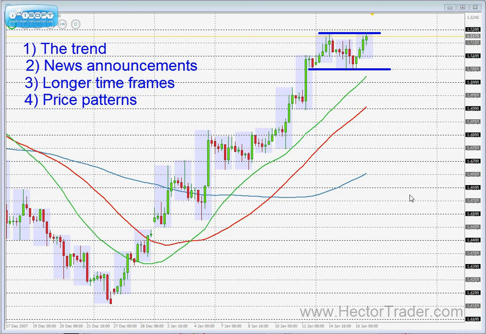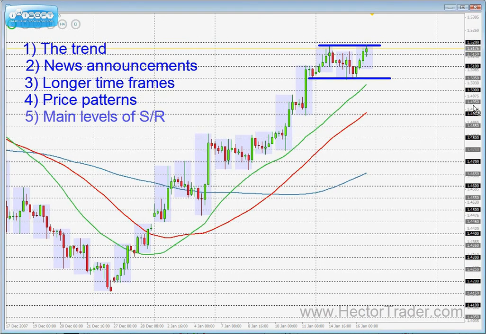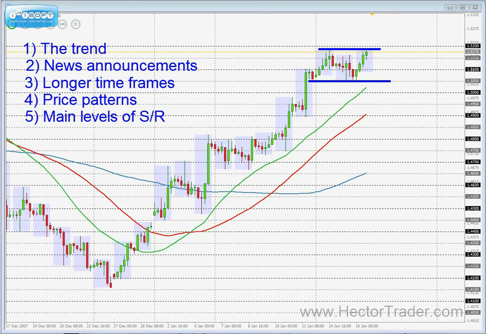Another element you always want to keep an eye on is where my levels of support and resistance are. My significant support, first of all, is this double bottom I was talking about. In this case, it's a 150.50 round number. That's the key level.